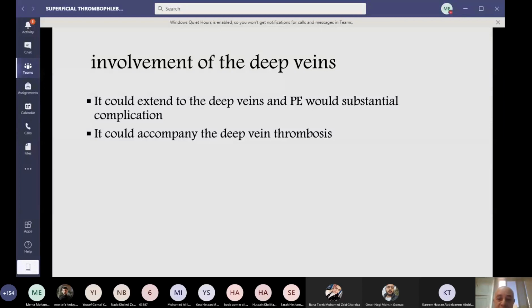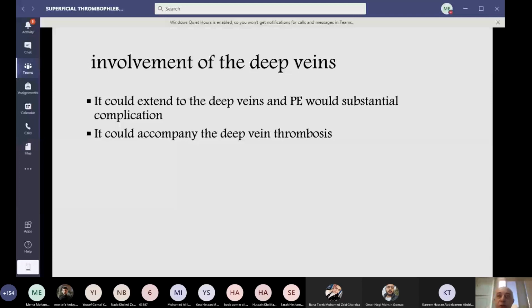Therefore, they communicate with the deep system at different levels. The superficial thrombophlebitis could start in the superficial vein and could spread or extend onto the deep system. Also, sometimes the thrombosis starts in the deep veins and leads to deep vein thrombosis, and as a sequel of this deep vein thrombosis, superficial veins get involved.